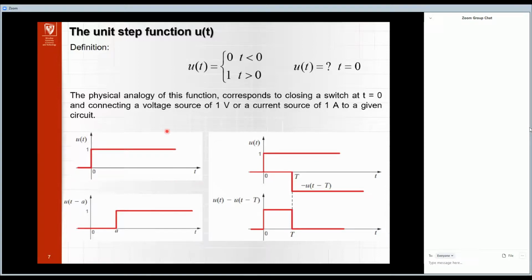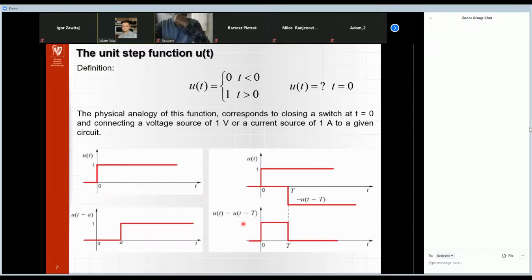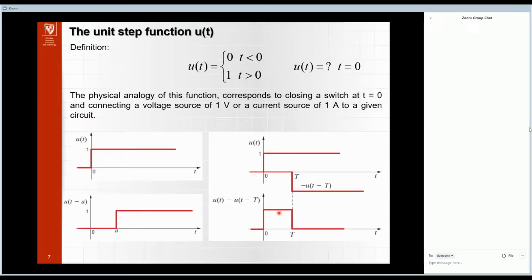This singularity function is useful to describe signals which we use in transformations. For example, when we use these step functions, you can describe this discrete situation, and also a situation like in this picture.